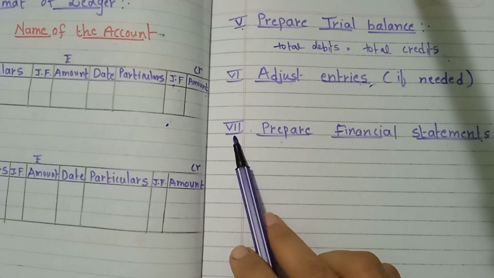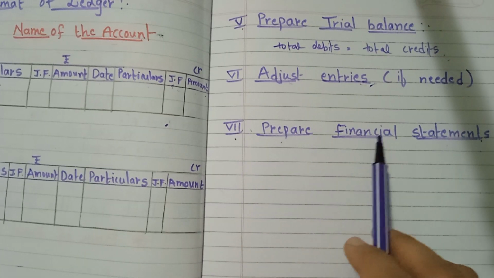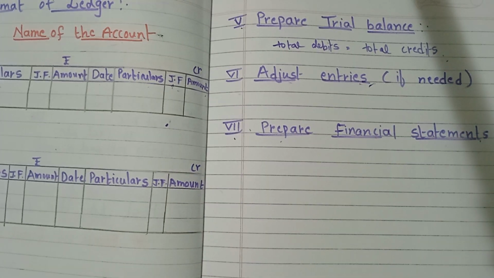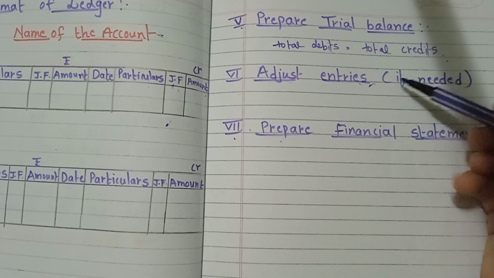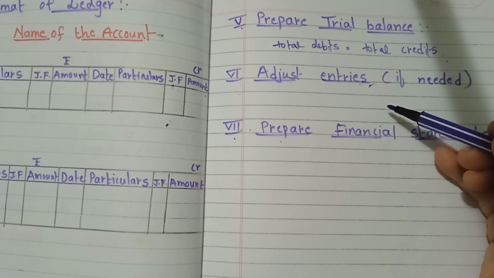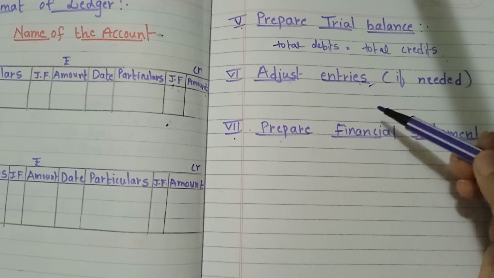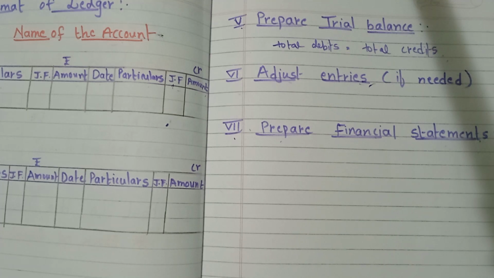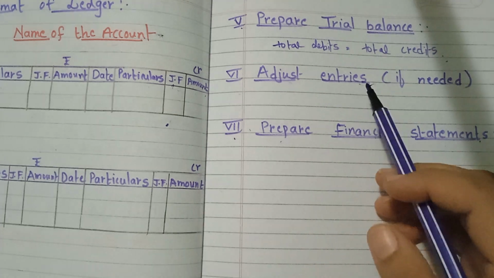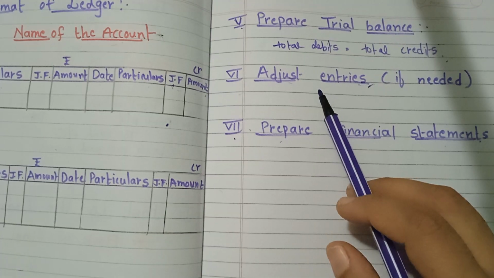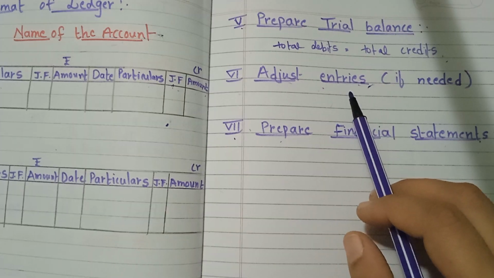And after that, the seventh one is to prepare the financial statements. In preparing the financial statements, we have to use the adjusted trial balance to prepare the income statement, balance sheet and cash flow statement.